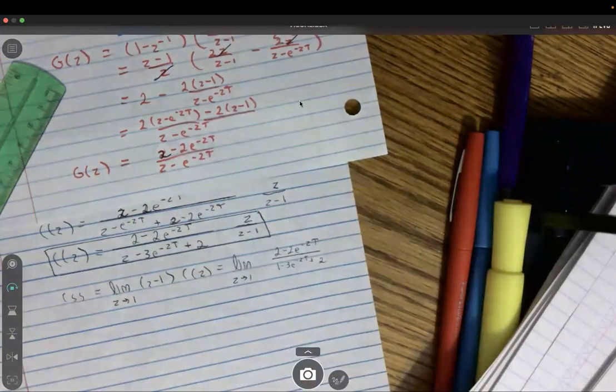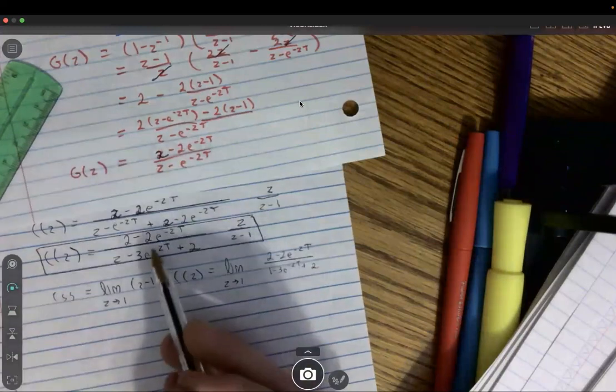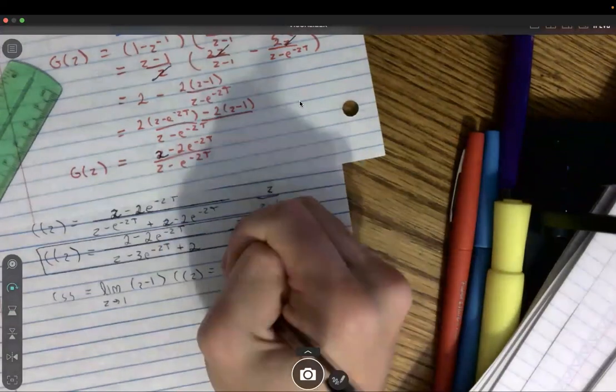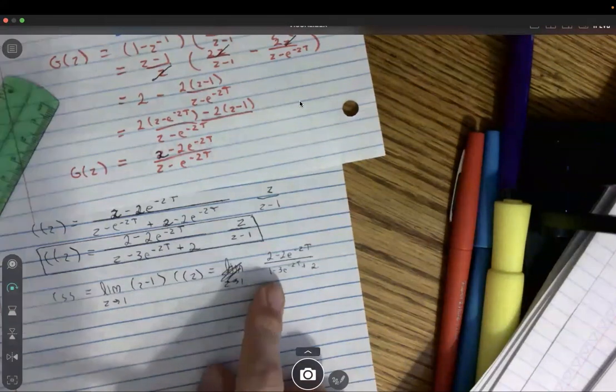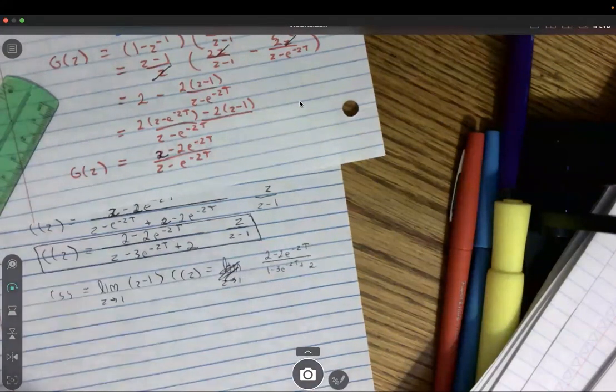Now, I just plugged in 1 for z when I multiplied, and what we're going to see here is that based on our sampling time, that's going to give us what our output should be.